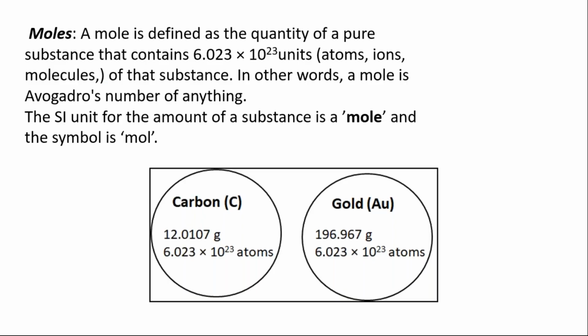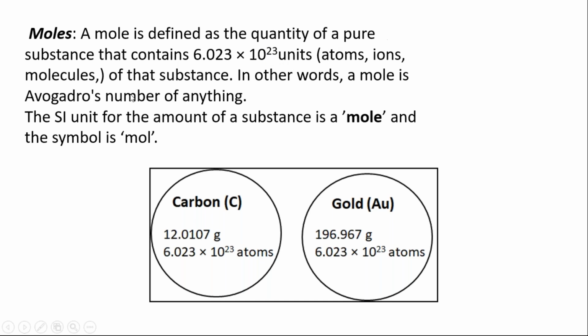So what is a mole? If you recollect, way back in your plus two or even in the 10th standard, you would have defined a mole as the defined quantity of a pure substance that contains 6.023 into 10 to the power of 23 units.